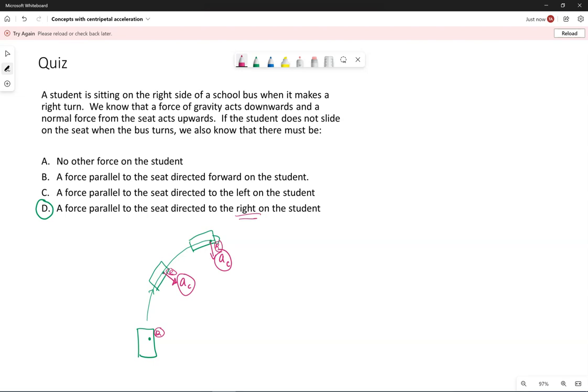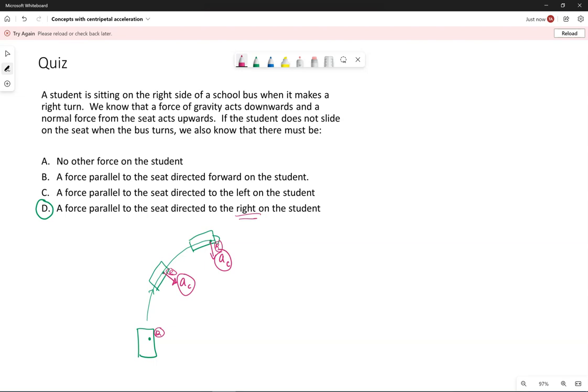Now it's common to want to say left, because if we've ever been in the car and we make a right turn, especially if we make the turn quickly, we feel like we're getting pushed to the left side. But we're not. There's no actual force causing that. That's the law of inertia at play.